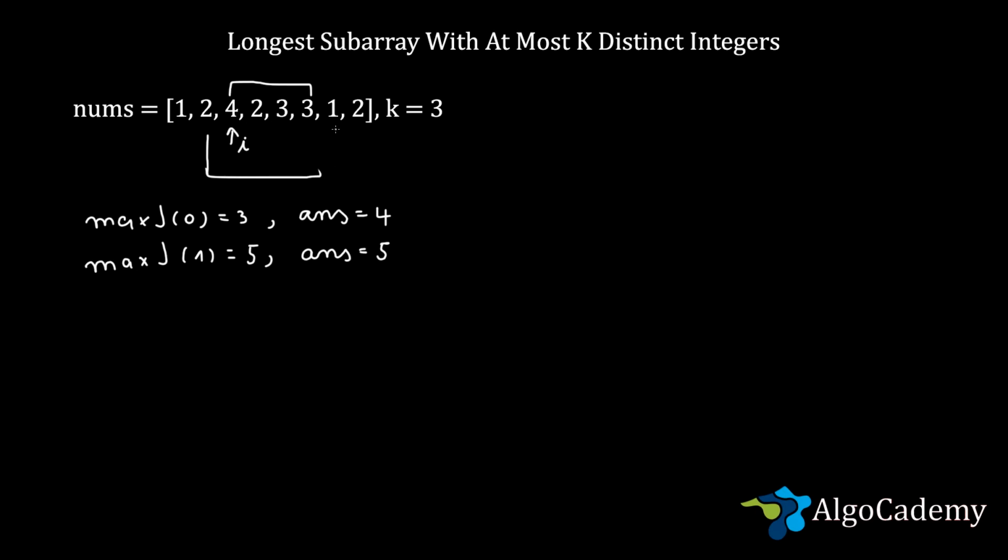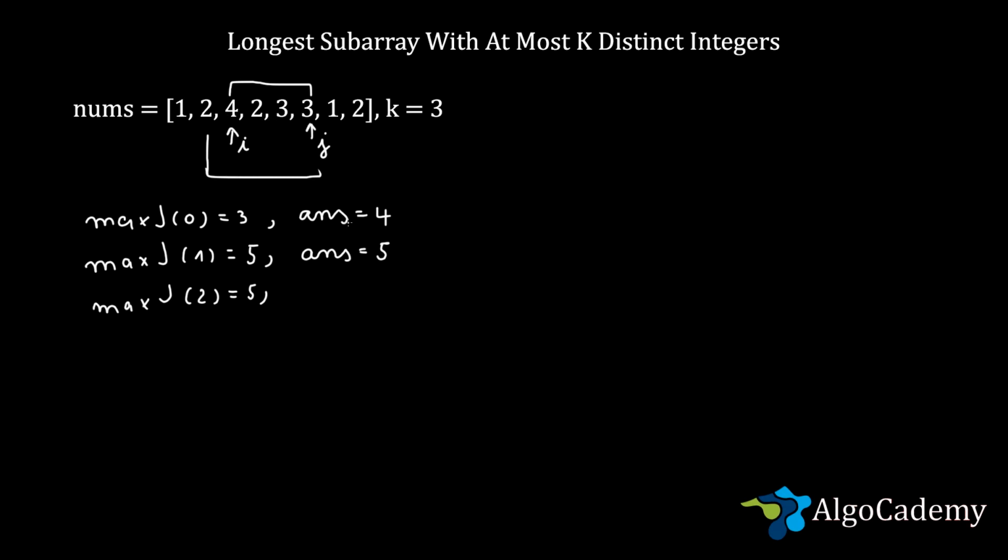I increment j. It is here. And unfortunately, I have 4 distinct values. So this one is not a good j. So I need to take one step back, remain with j here, and max j of 2 unfortunately didn't get increased, but it is still equal to 5. Right? So max j of 2 equals 5.